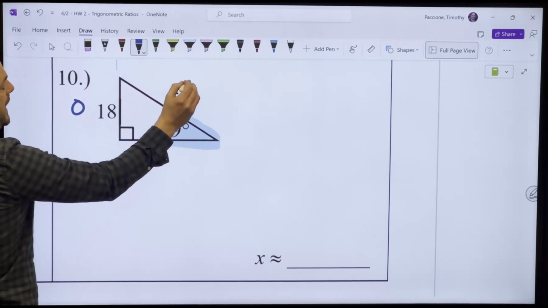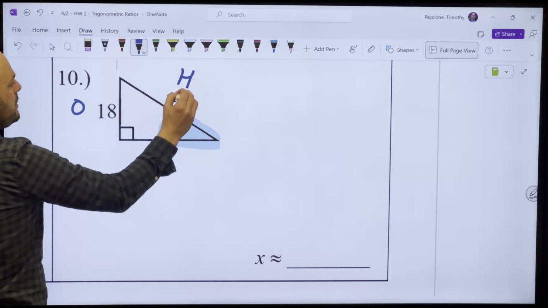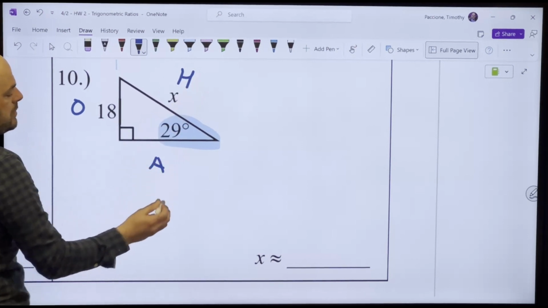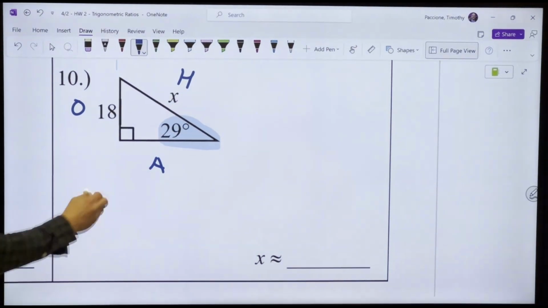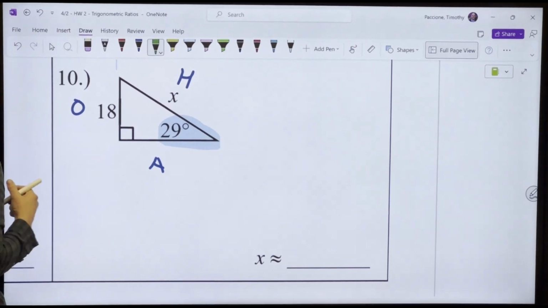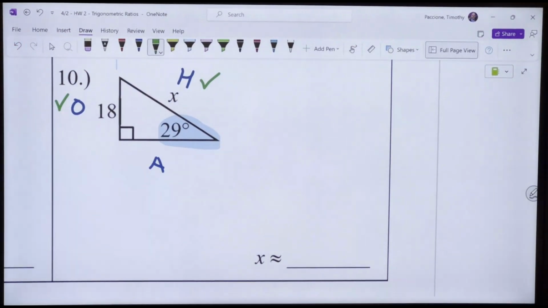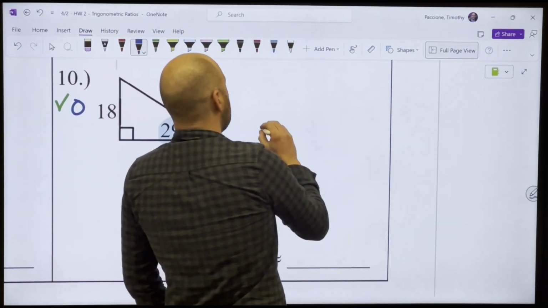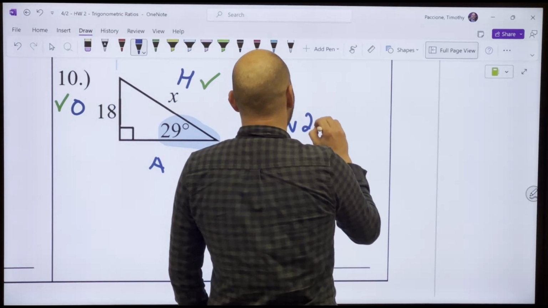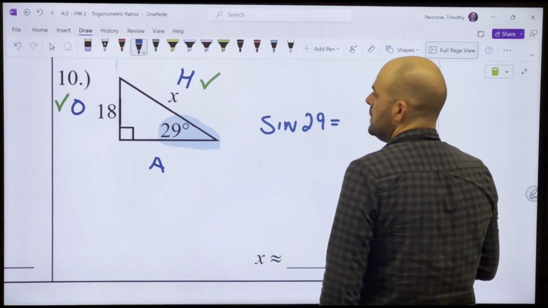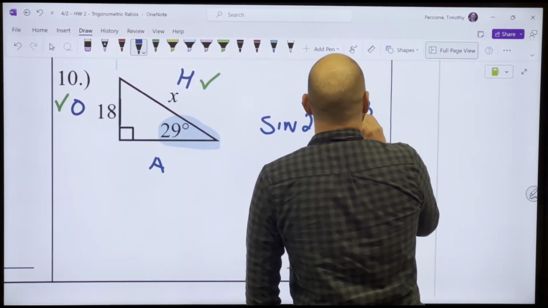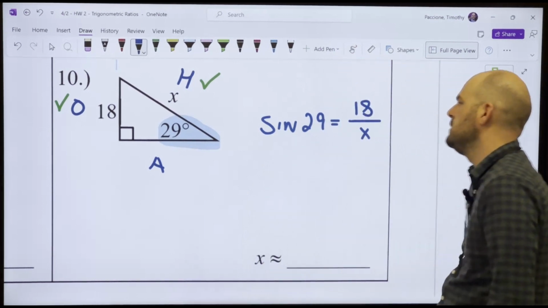This is across from the 90, so I know it's hypotenuse. And then our adjacent is right next to it. So the two things that we actually are dealing with are opposite and hypotenuse, or SOH. So I do sine of 29 equals opposite, which is 18, divided by x.